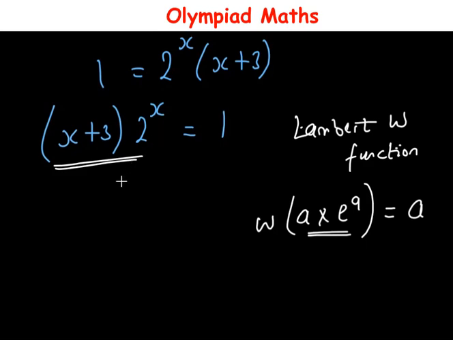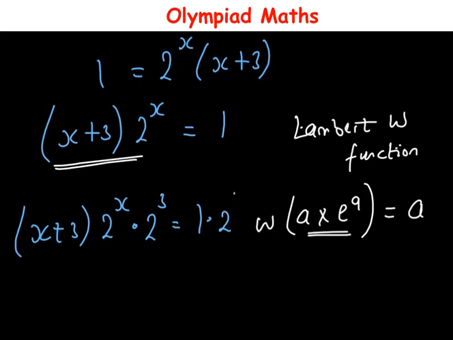In order to do so, we are first of all going to introduce 2 raised to power 3 to both sides of the equation. So this becomes x plus 3, multiplied by 2 raised to power x, then multiplied by 2 raised to power 3, is equal to 1 times 2 raised to power 3.